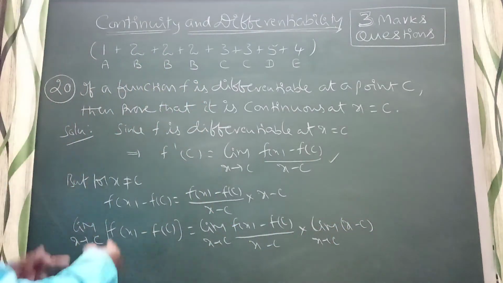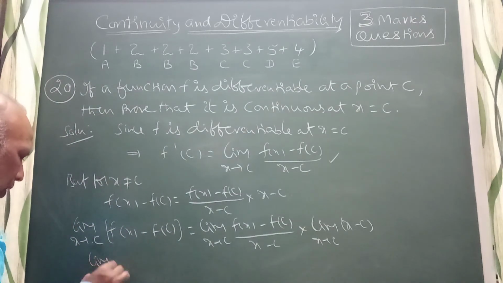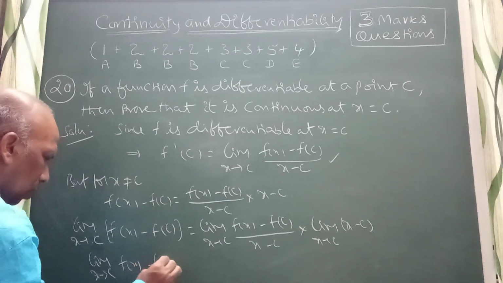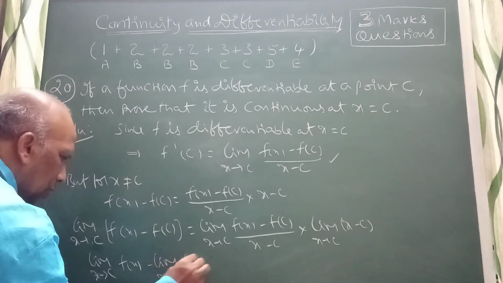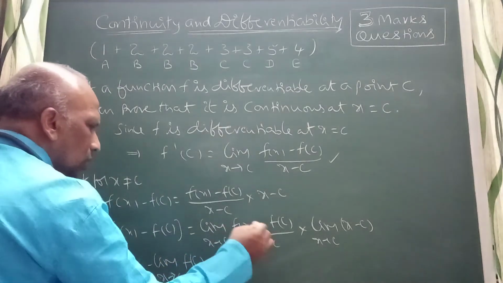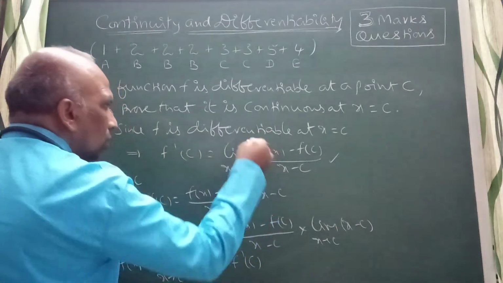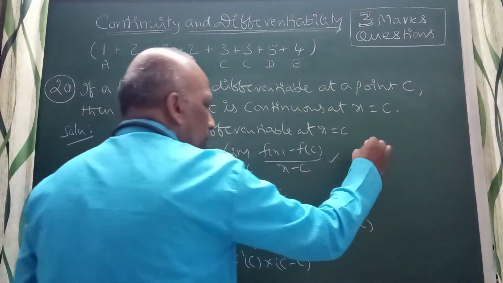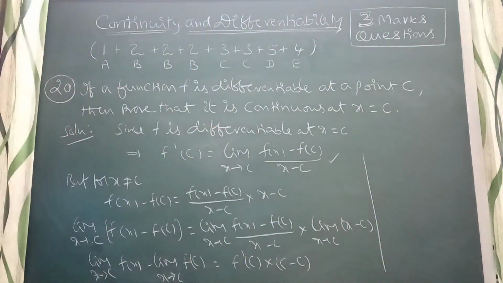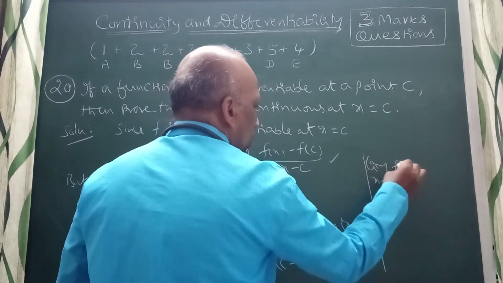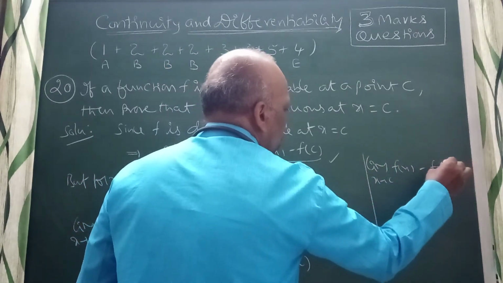If you apply the limit, this side will become limit x tends to C, f of x minus limit x tends to C, f of C, which is equal to f dash of C. If they are given, apply the limit, C minus C. Then you can think, when I got this one, I will write limit x tends to C, f of x minus f of C. Why?